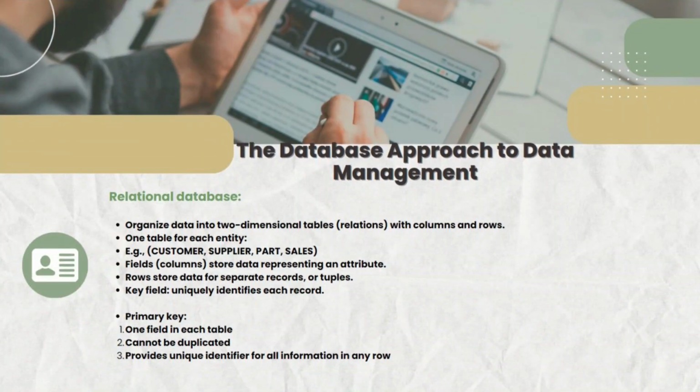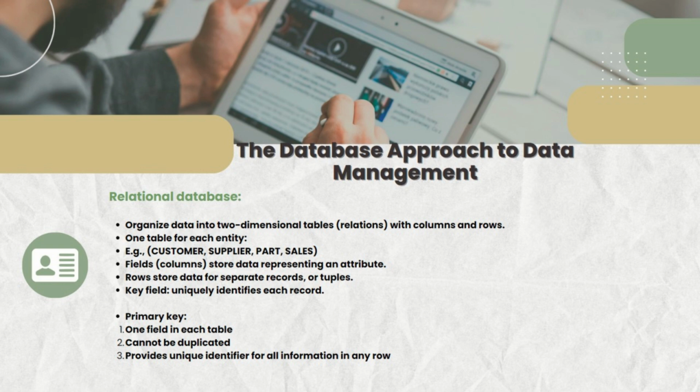Relational databases organize data into two-dimensional tables or relations with columns and rows. Each table represents a specific entity or concept within the database. For example, in a company database, you might have tables for customers, suppliers, parts, and sales.